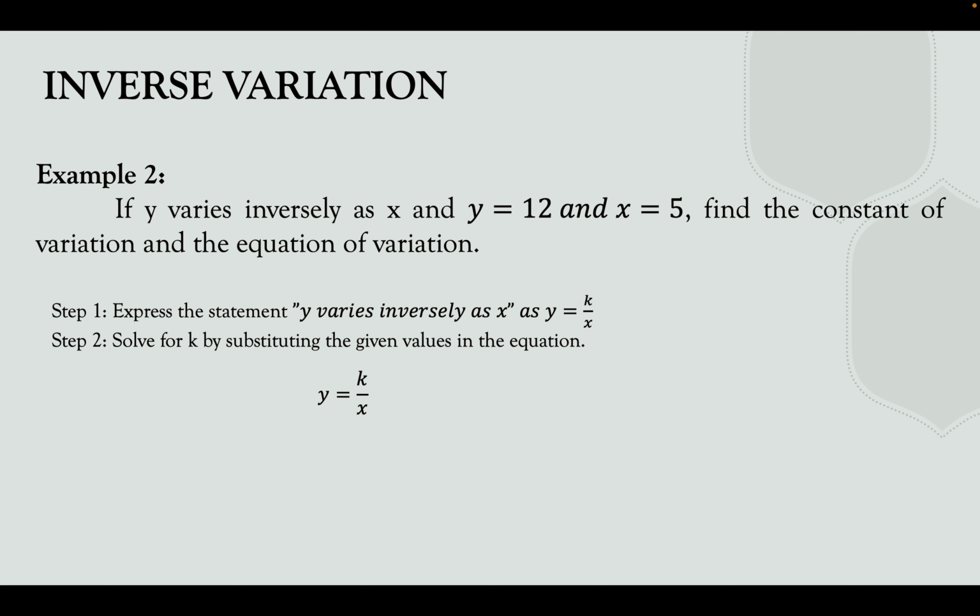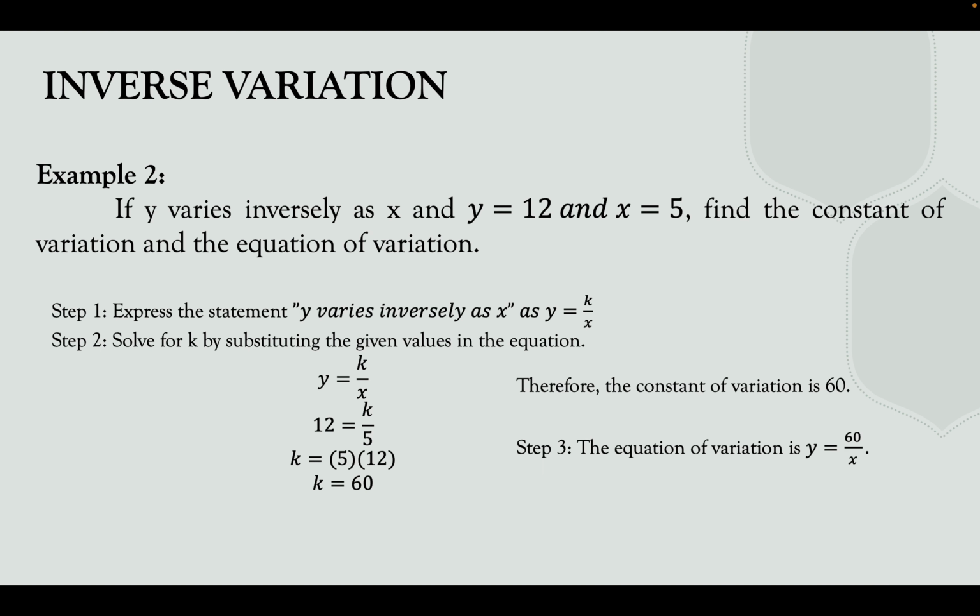So we have 12 equals k over 5. And then cross multiply, we will get k equals 5 times 12. 5 times 12, we have k equals 60. That means our constant of variation is 60 and our equation of variation now is y equals 60 over x. You just need to substitute the value of k in the equation of variation.